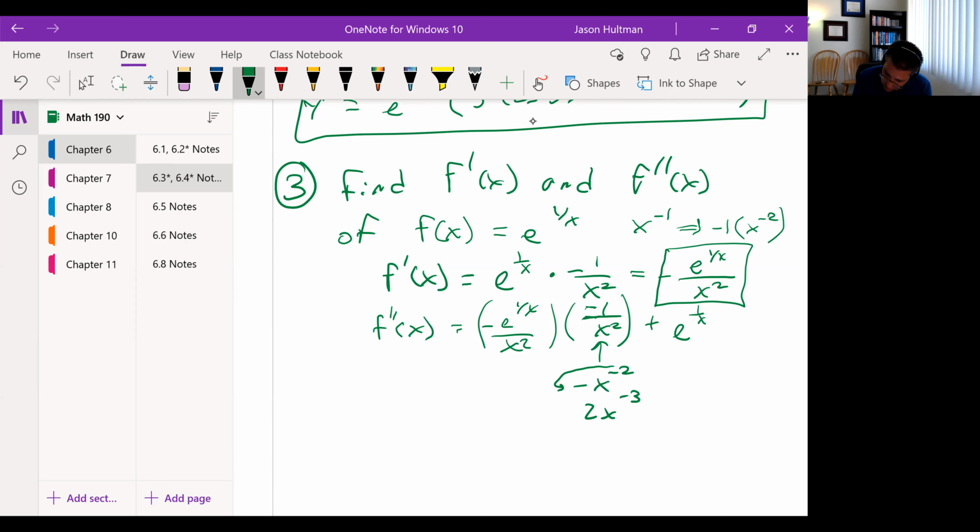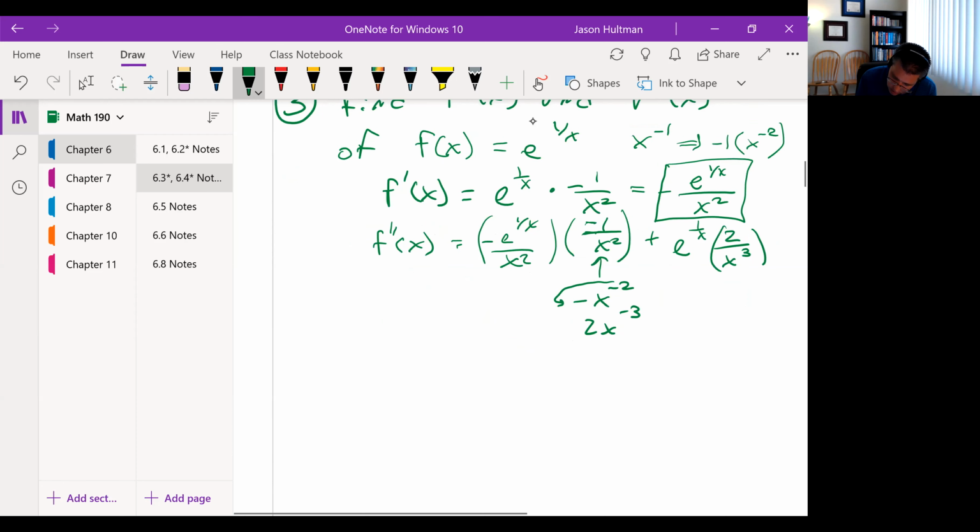So this is going to be times 2 over x cubed. Then let's simplify this guy. This is going to become e to the 1 over x all over x to the fourth plus 2e to the 1 over x all over x cubed.